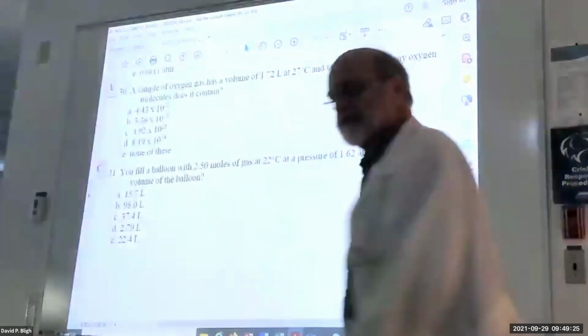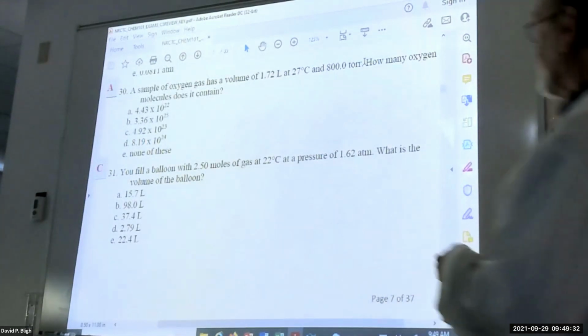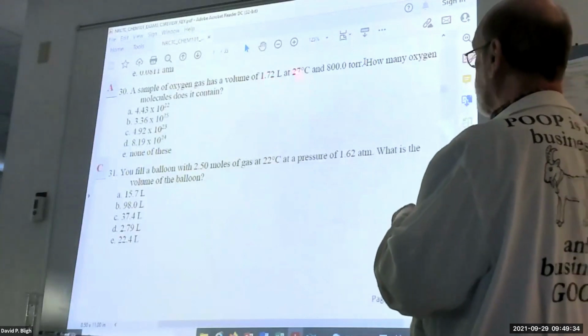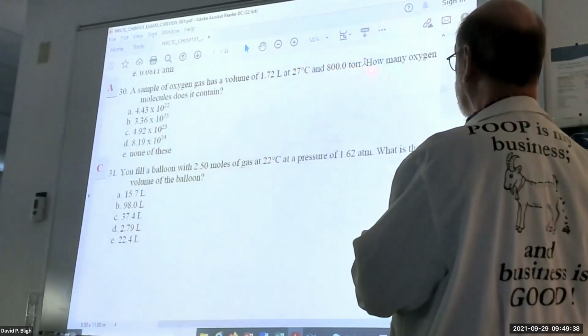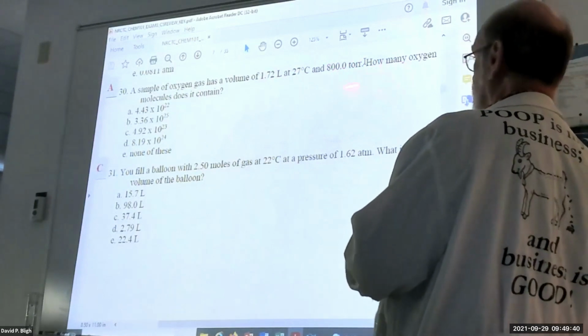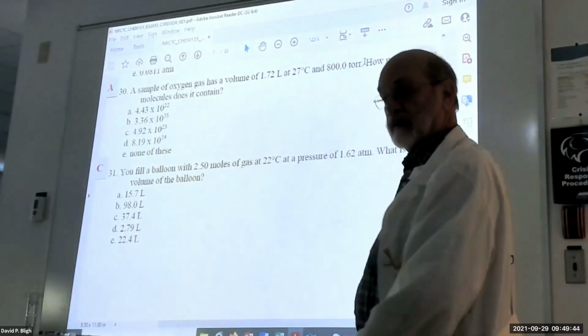Okay, so is this a state function or before and after? You give one volume, one temperature, and one pressure. And it asks you about molecules. This is a state function.